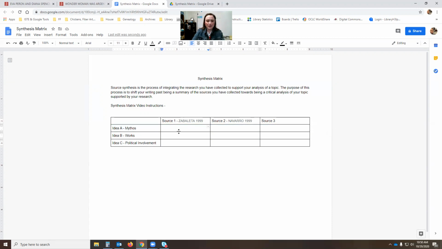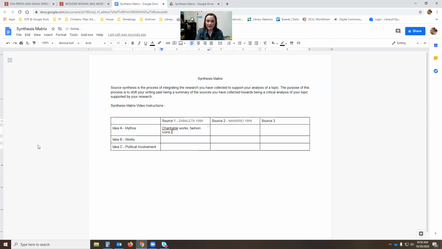So this one, the one by Zabaleta, it talks about their charitable works, how they were fashion icons, how they had the love of the people, how that love also sometimes overshadowed the political issues of the time.